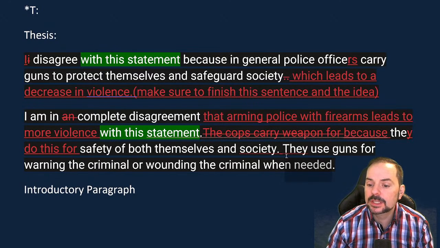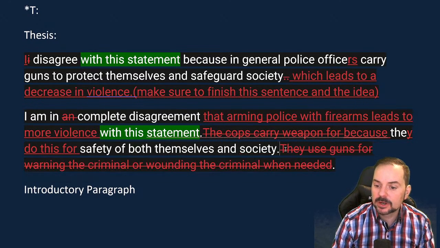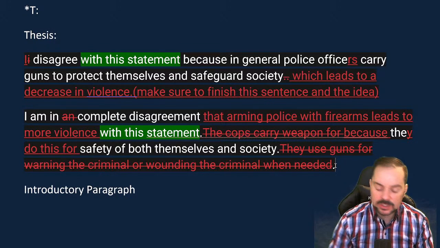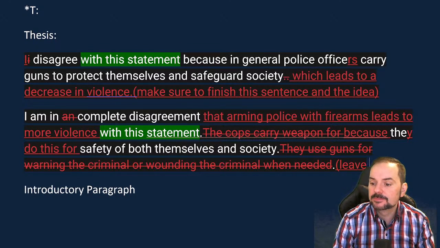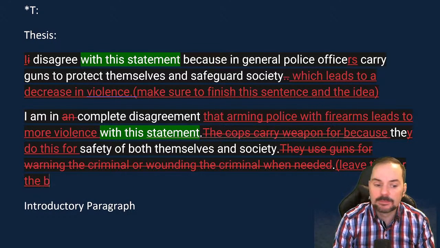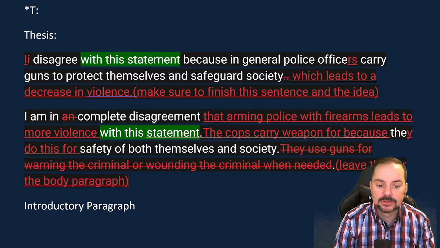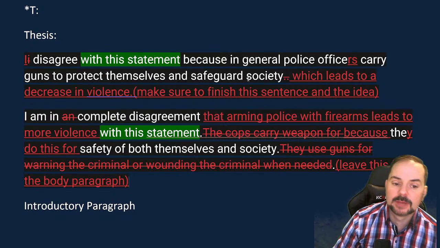And then you don't need this part here, Arda, because this part is in the body paragraph. So I would say leave this for the body paragraph. Okay, all right. And I got some thumbs up there.